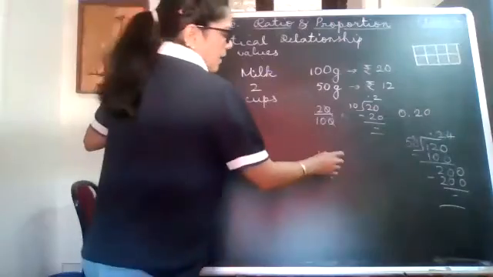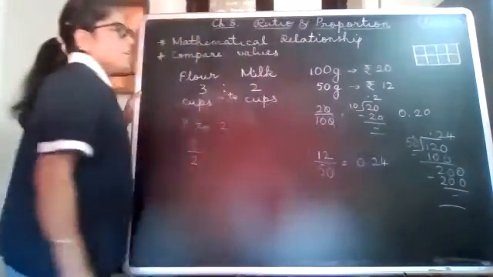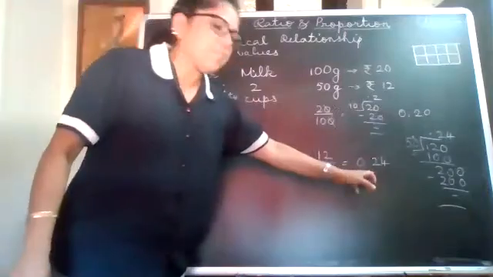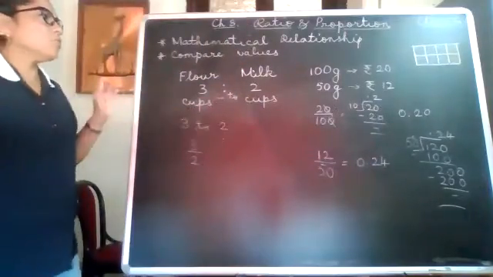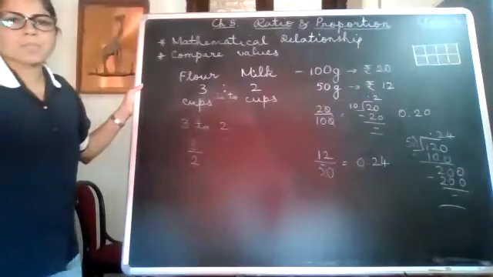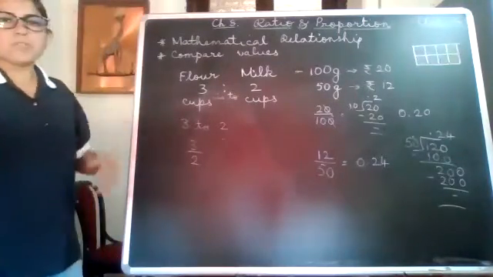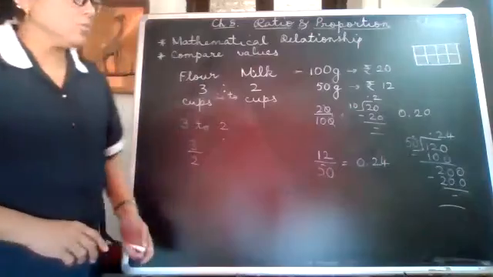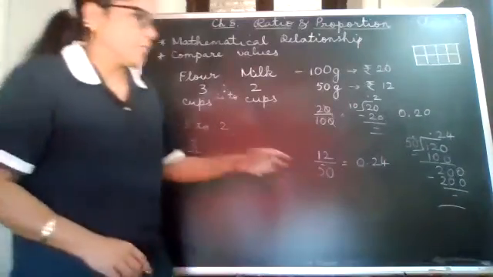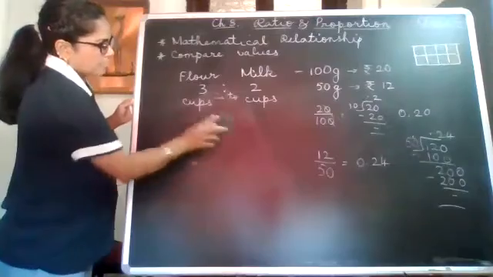So here the price per gram is 24 paise. There it was 20 paise, here it is 24 paise. So when you compare both of these, you come to know that this pack will be cheaper compared to that one. So that is a couple of uses where we use ratio in our everyday life.